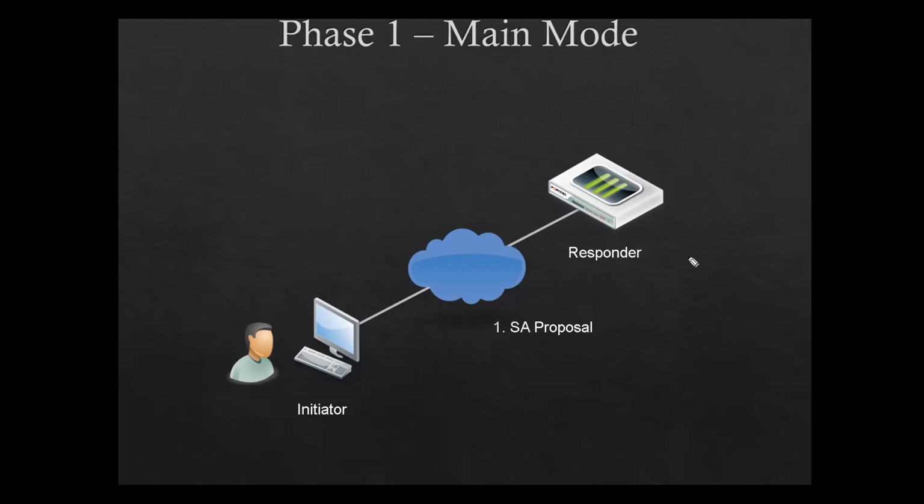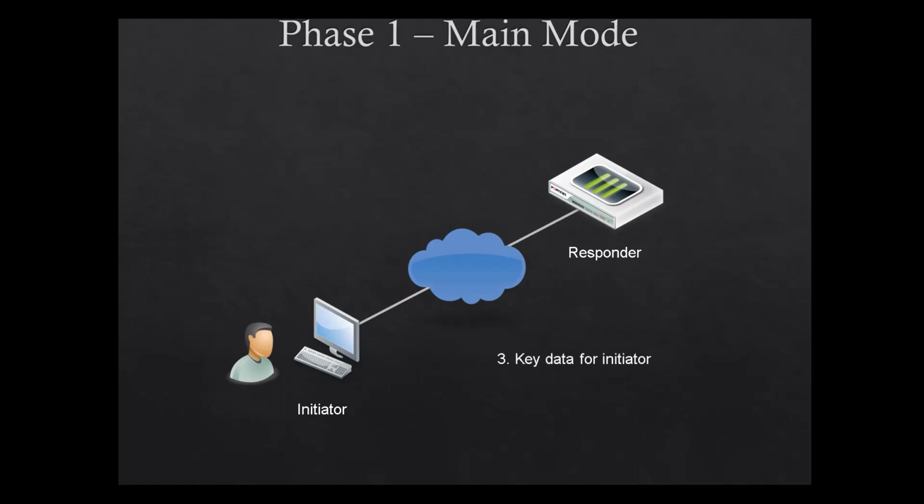All these things the initiator is going to send across to the responder. Once this information is sent across, the responder is going to select any one of them. It's like giving you 4 or 5 options, and out of those you select the one which makes sense to you from the firewall perspective.